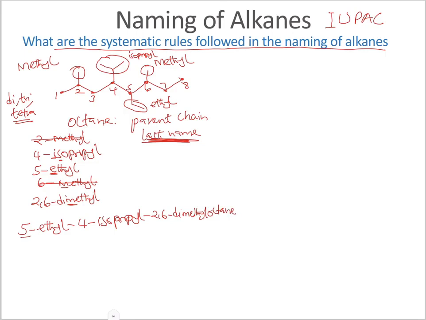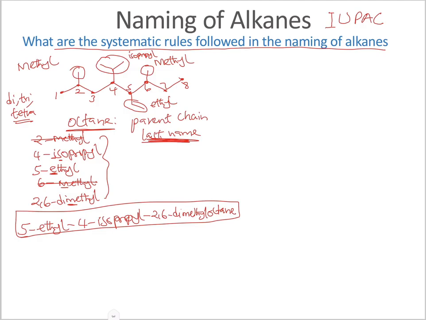That gives us the full name of the compound. Now what you need to do here is to make sure you have the name of the parent chain and then the substituents. Once you have that, you can easily put them together.